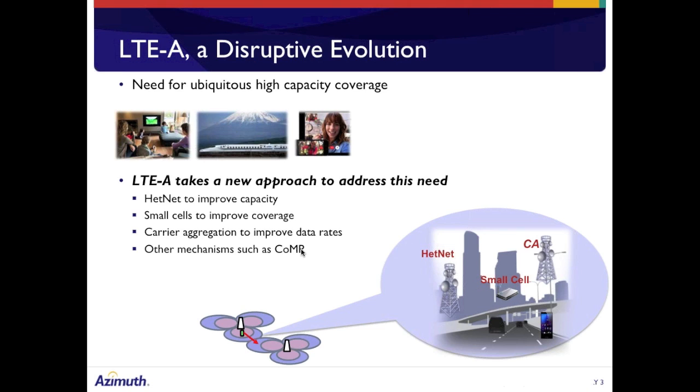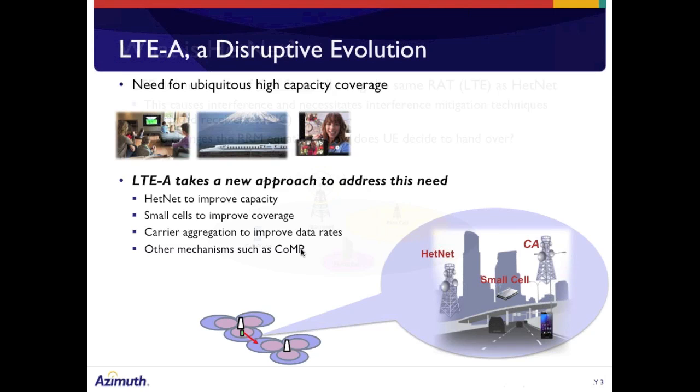If you look at how LTE Advanced delivers on this requirement, the way LTE Advanced does this is a totally different approach. There's a couple of different mechanisms. You use HetNet to improve your capacity. You use small cells to improve your coverage, so you want to make sure that there are no dead zones. And use mechanisms such as carrier aggregation and CoMP to improve your overall data rate and your reliability.